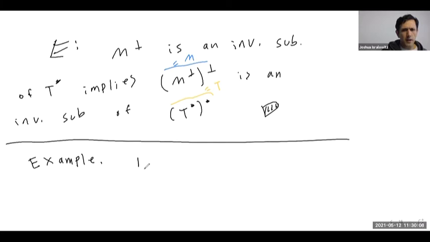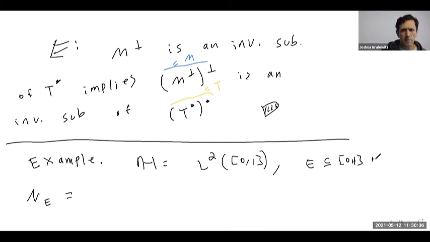Okay, so let's say H is a nice, simple Hilbert space, L2 of 0 to 1. And let's say we have the closed subspace N_E. Let's say E is just any measurable subset of 0 to 1.